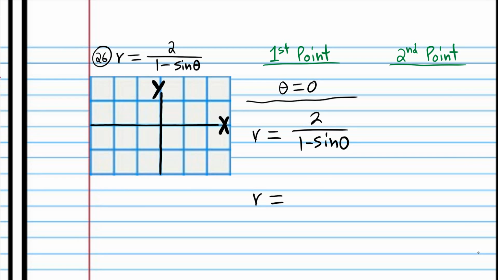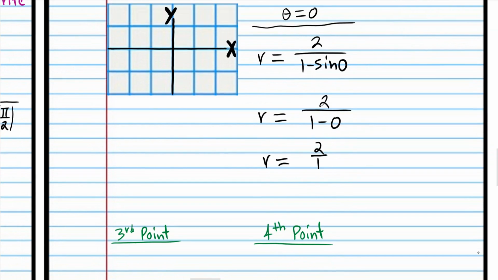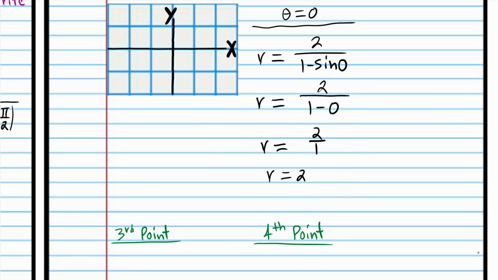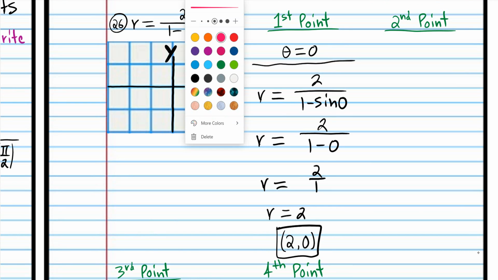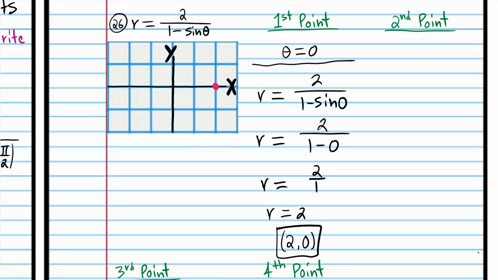So sine 0 is 0, which means that r is 2 over 1, which is 2, and so the point that we're looking for in radian units is (2, 0). So we're going to count out 2 and then rotate 0, which means that we have that point right here.